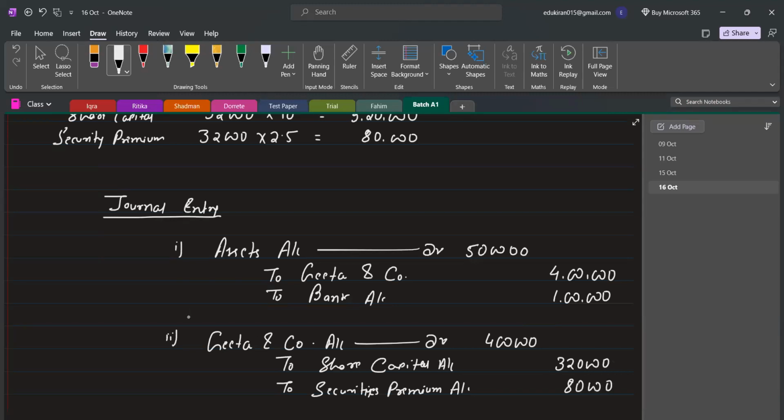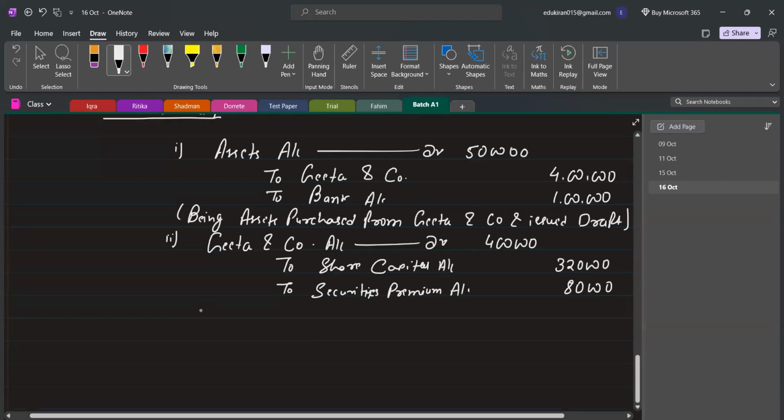Now the narration. Being assets purchased from Geeta and Company and issued bank draft of rupees 1 lakh, you can also write.